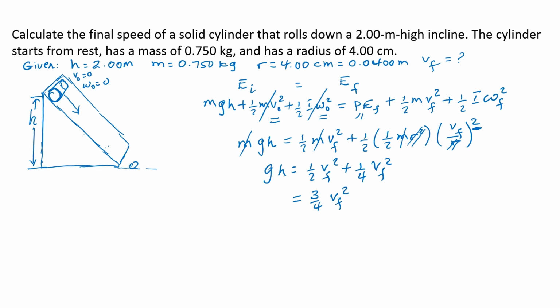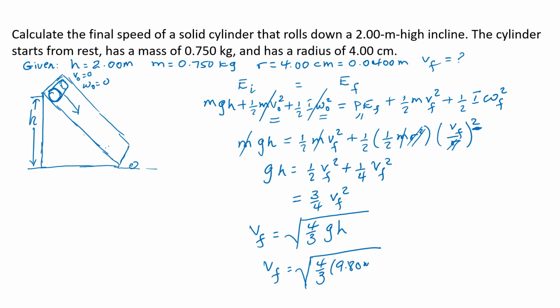Multiply both sides by 4 over 3. Find the square root, which yields vf equals the square root of 4 over 3 gh. Plug in the numbers. 4 over 3 times the gravitational acceleration times the height.